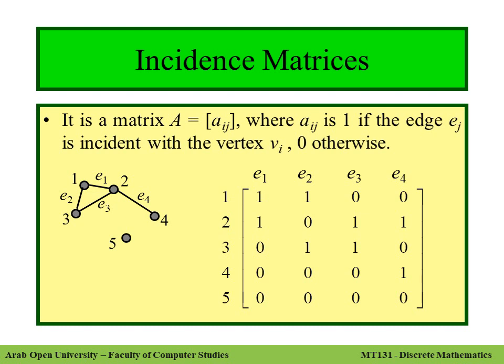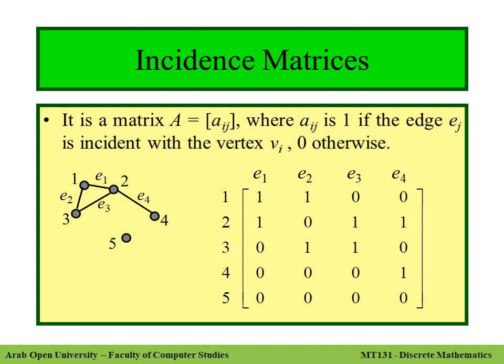Like E1 is incident with 1 and 2, we record 1 in both of these locations and zeros everywhere else. E2 is incident with 1 and 3, so E2 with 1 is 1, E2 with 3 is also 1, the remaining entries are zeros.